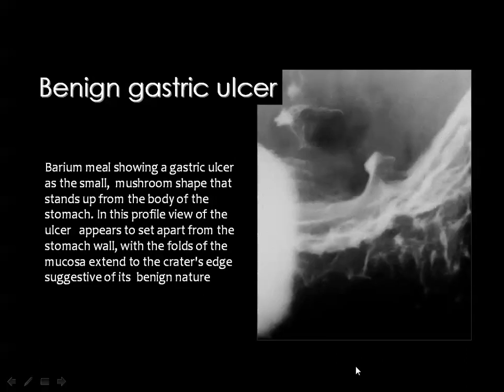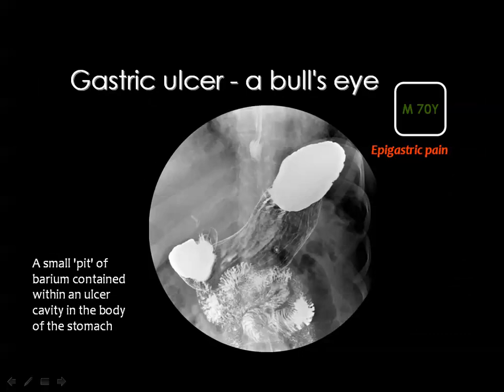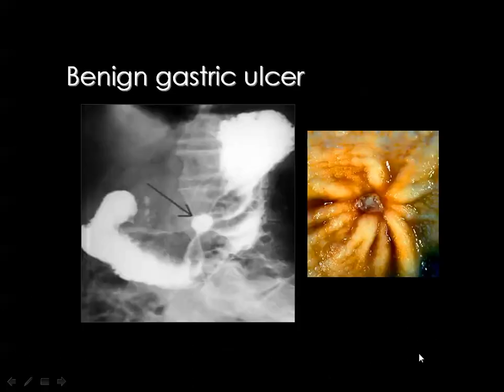And this is also an example of a benign gastric ulcer, and you can see the mucosal folds even going into the base of the ulcer. And this is what we call the bullseye ulcer, which is usually seen in cases of erosive gastritis. And you see the fleck of barium, which is surrounded by a halo of edema.